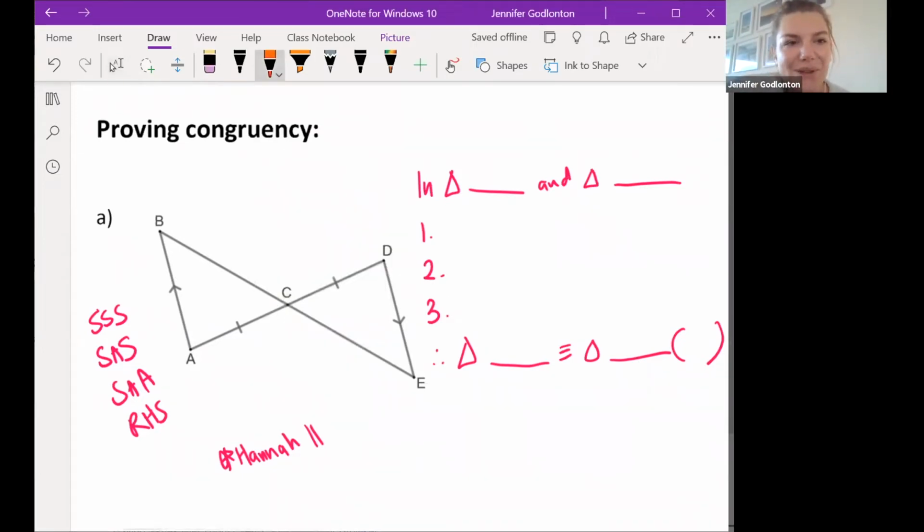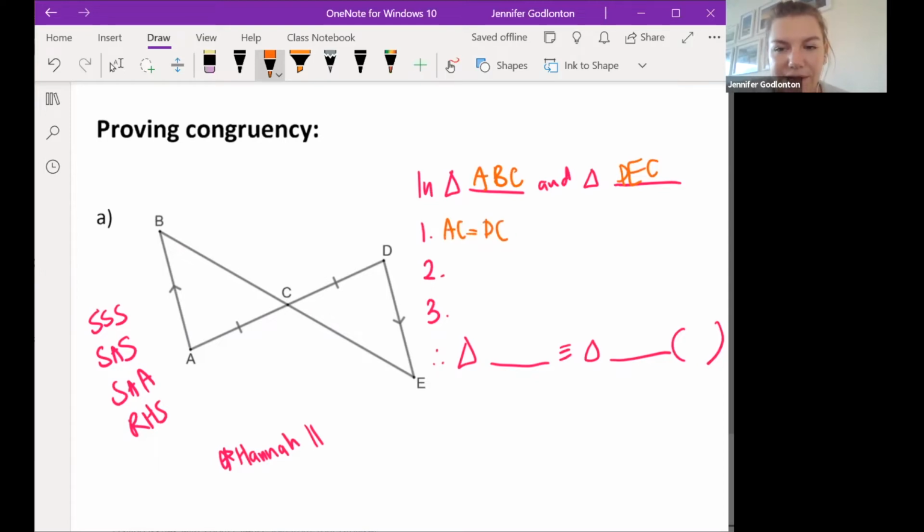All right. Tell me, I'm going to start this. Triangle ABC and triangle DEC. Okay, cool. What would my first reason be? The first reason would be AC is equal to DC.